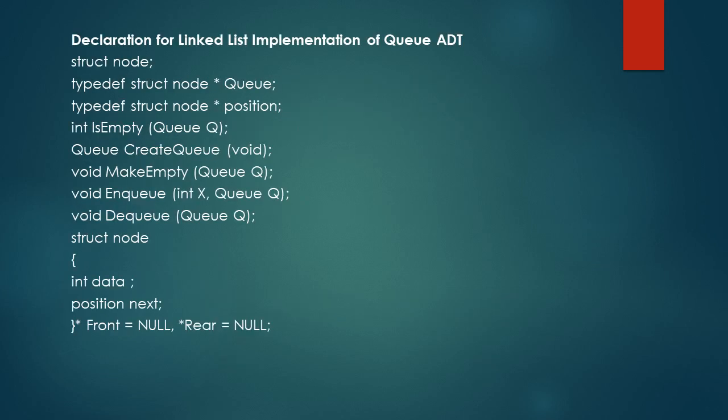Declaration for linked list implementation of queue ADT. Now we are declaring a node, and the operations are declared along with it.